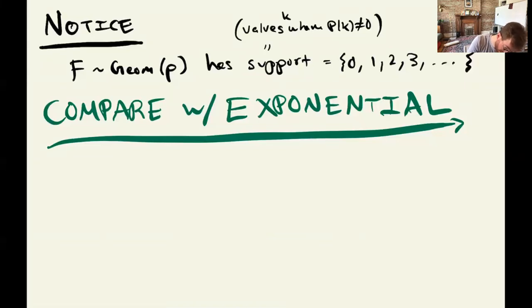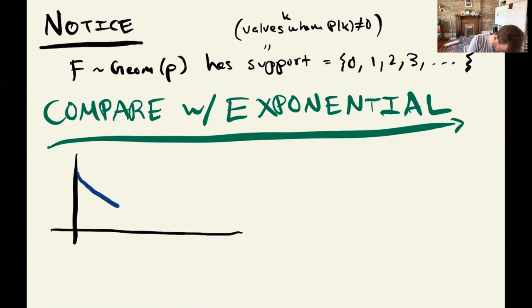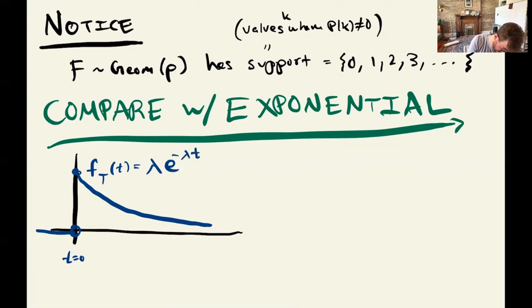And so, you'll recall that the graph of the exponential distribution looks something like this. It was 0 up until we got to t equals 0, but then at 0, the PDF, which I'll call f of t of little t, is equal to lambda e to the minus lambda t, for t greater than or equal to 0.